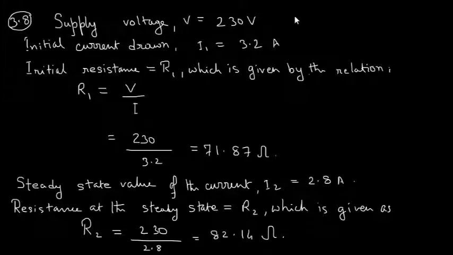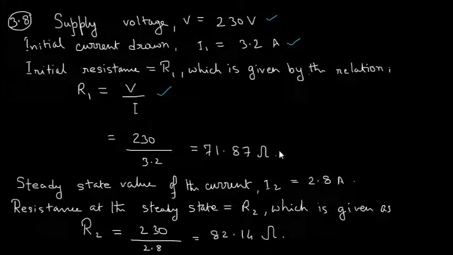Let us see the solution of 3.8. Supply voltage V is equal to 230 volt. Initial current drawn I1 is equal to 3.2 ampere. Initial resistance R1 is given by the relation R1 is equal to V upon I is equal to 230 upon 3.2.